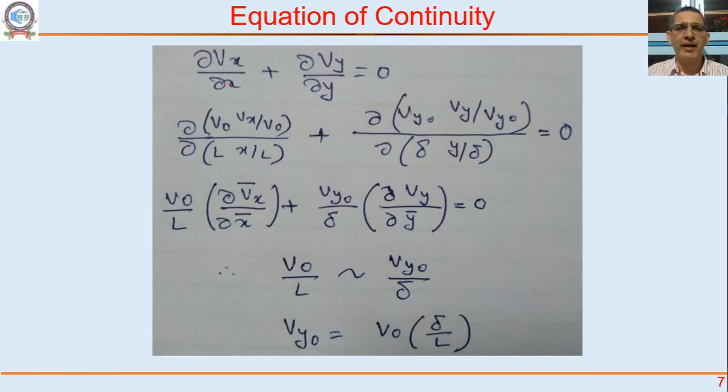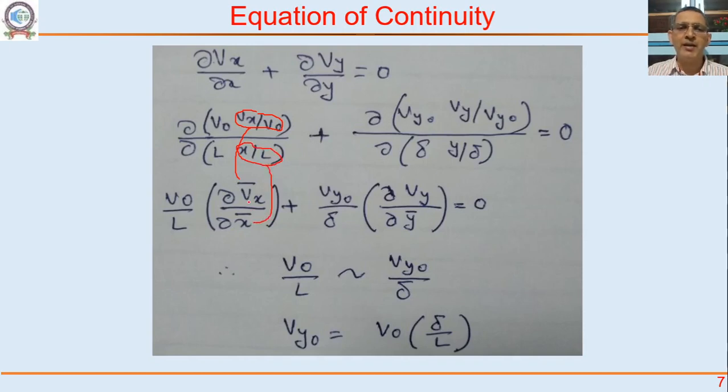Okay, scale the continuity equation, which means, if we have del Vx by del x plus del Vy by del y equal to 0. Vx we are going to scale, which means we are going to divide by V0, Vx by V0, multiply by V0. This Vx by V0 is now a dimensionless variable, which we are going to write as Vx bar. Scale the x, multiply and divide by L. So x by L is a dimensionless variable now. We are going to call it x bar.